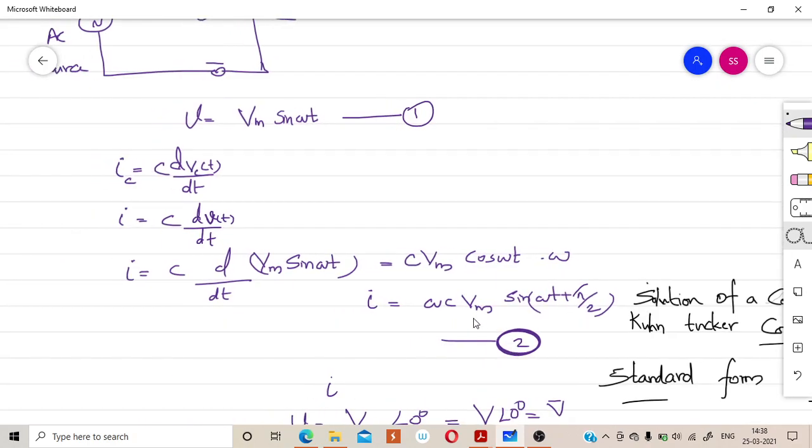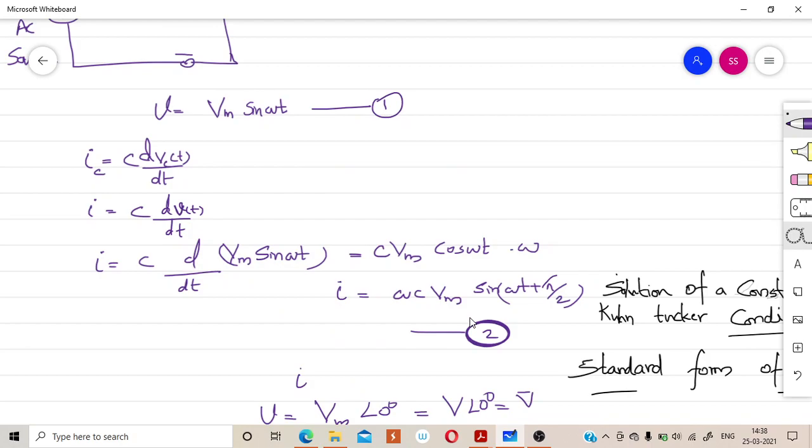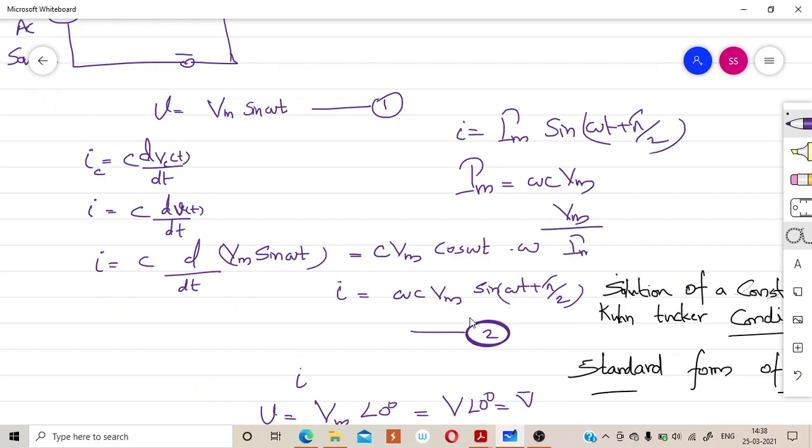From equation number 2, I have I equal to omega C Vm sin(omega t plus pi by 2). So we have the general format I equal to Im sin(omega t plus pi by 2). That means you have Im equal to omega C Vm, and Vm by Im is also equal to V by I. If you divide by root 2, you will get the corresponding RMS values, that is V by I, and that will be equal to 1 by omega C.